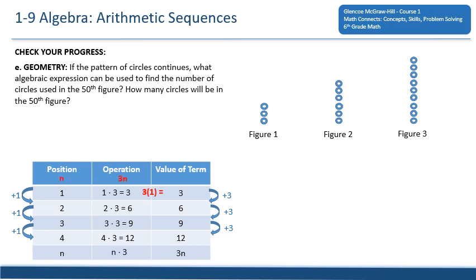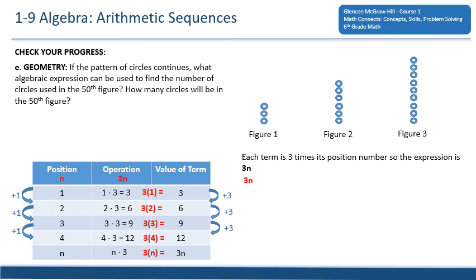And then we have n times 3. So if we restate that as 3n, then we have 3 times 1, 3 times 2, 3 times 3, 3 times 4, and 3n. Each term is 3 times its position number, so the expression is 3n.